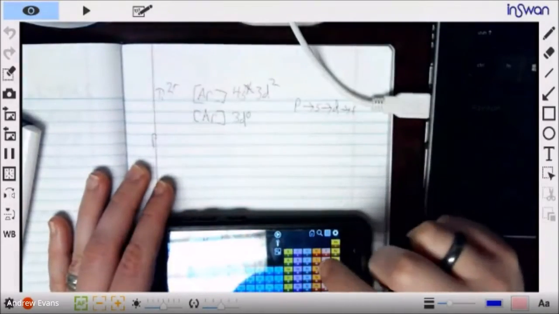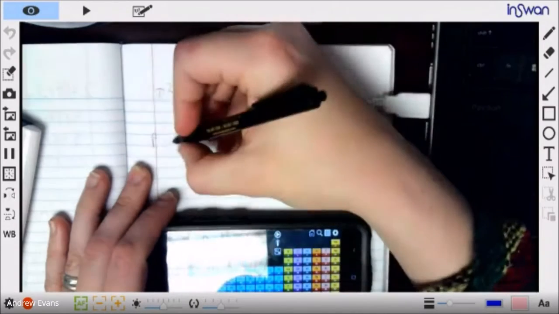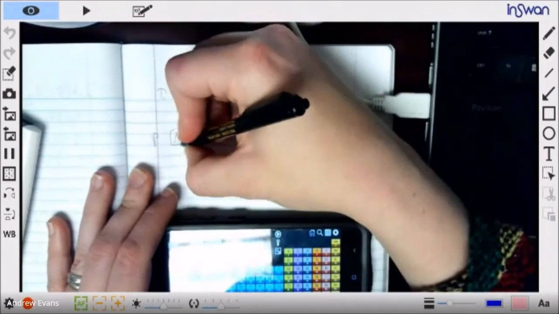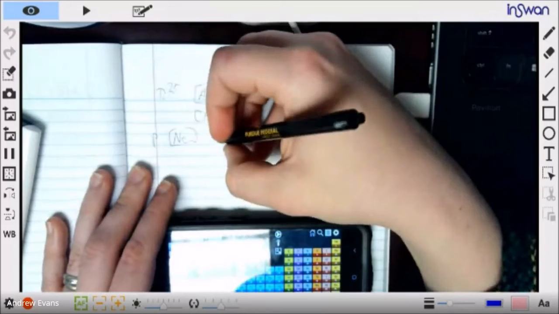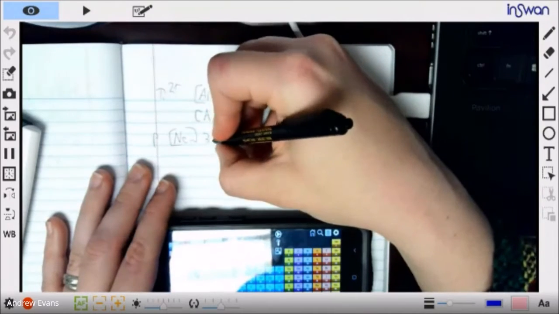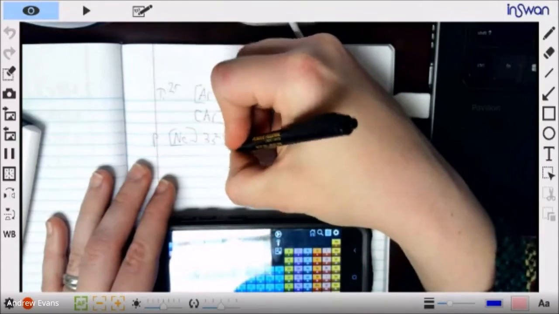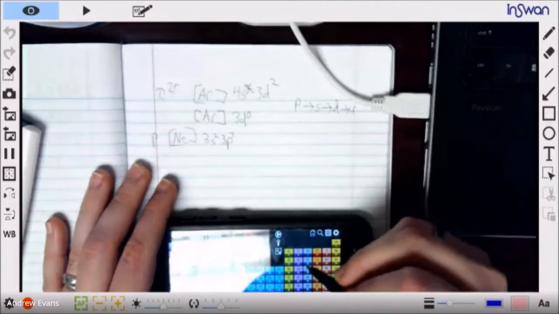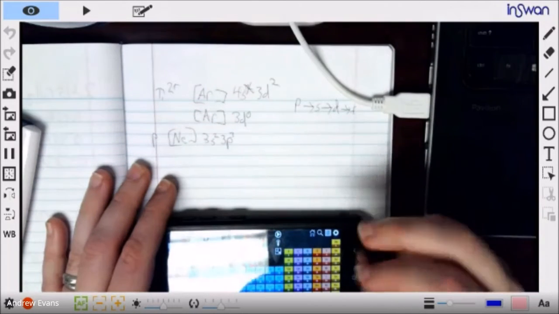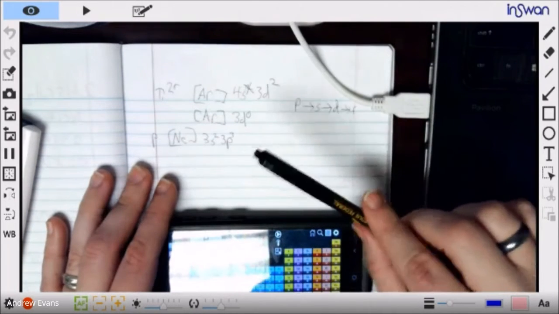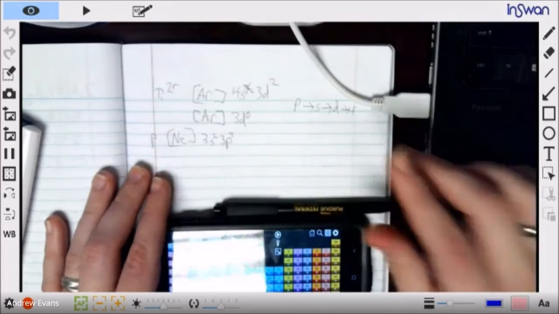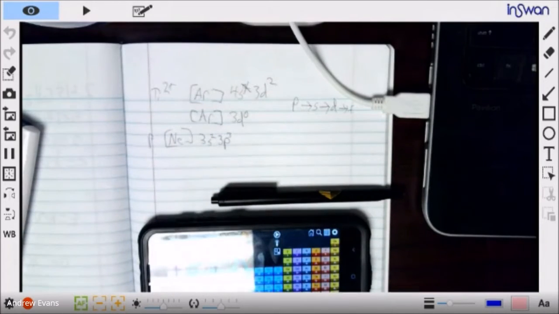We start from neon, which is row 2. So we'd go 3s2, 3p, 1, 2, 3. That's all it is. Not a hard one, just one where we ask you to think about it for a second.